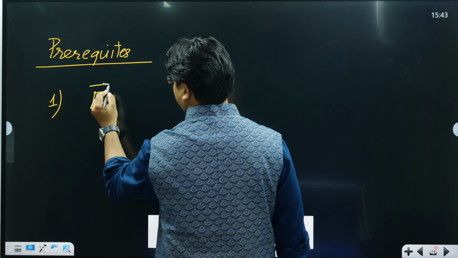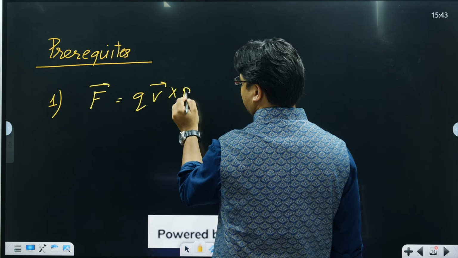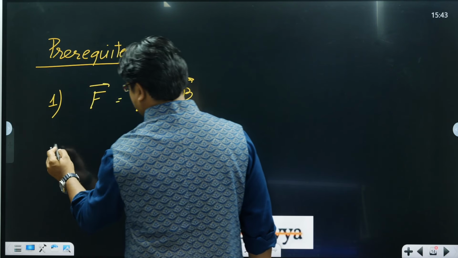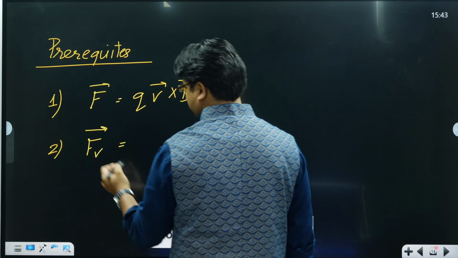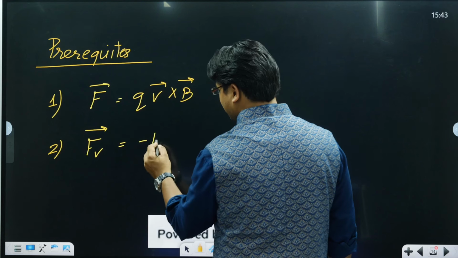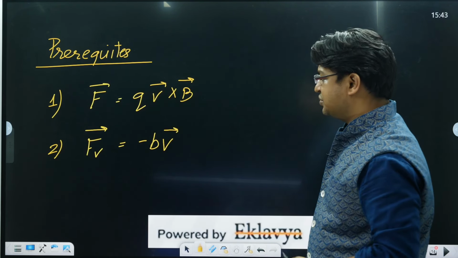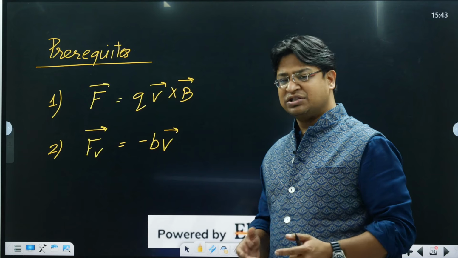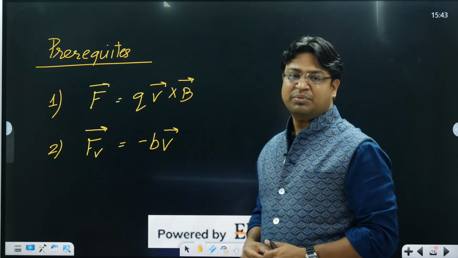We write that force as Q into V cross B. I'm pretty sure that you are aware of that. Secondly, we should be aware of how to write the viscous force. More often than not, the viscous force is written as directly proportional to the velocity and opposite to the velocity. The power is usually 1. There are situations in which the power is something other than 1, and this B is a proportionality constant.